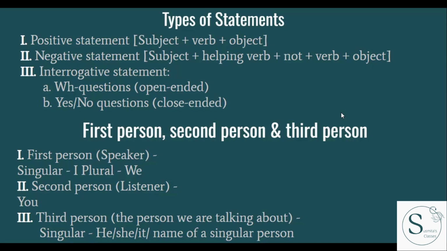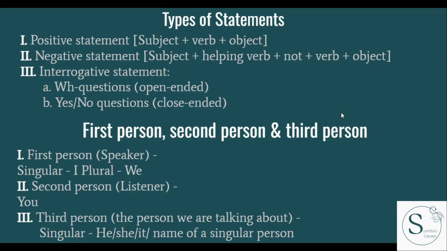Then we have questions, the interrogative statements. We have two types: WH questions, which we also call open-ended, and yes and no questions, which are also called close-ended. So what are WH questions? If I ask you, what is your name? You'll be giving me an explanatory answer, right?